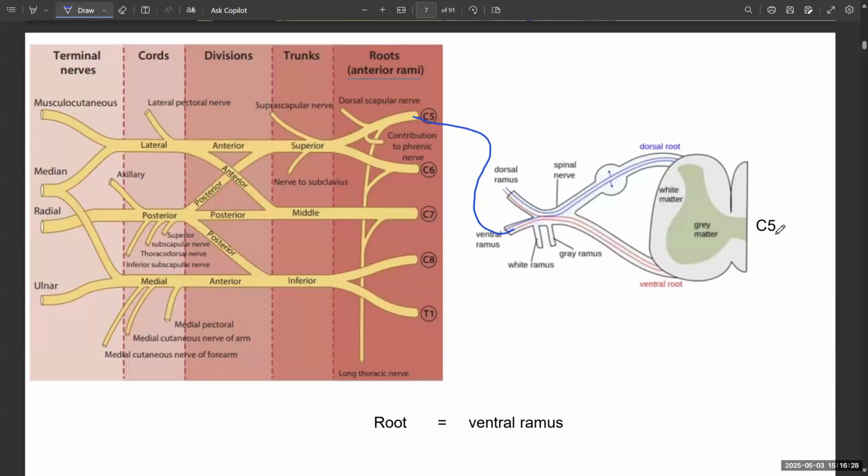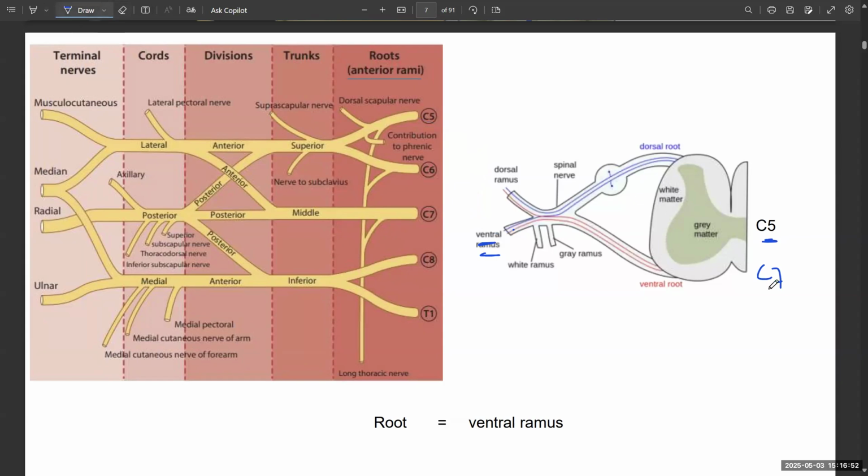Now let's not get confused. If this is C5, then the C5 ventral ramus is equal to the C5 root of the brachial plexus. So if this was, for example, C7, then this ventral ramus of C7 would come out. Let me just erase that to make it more obvious. Yeah.